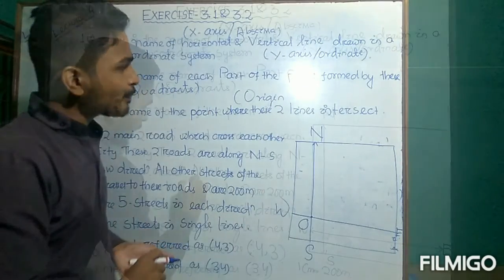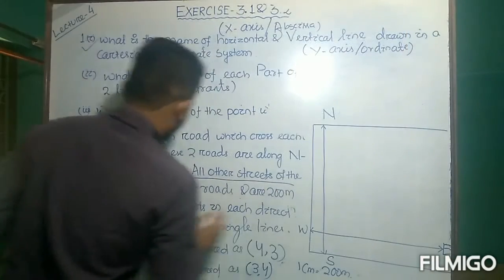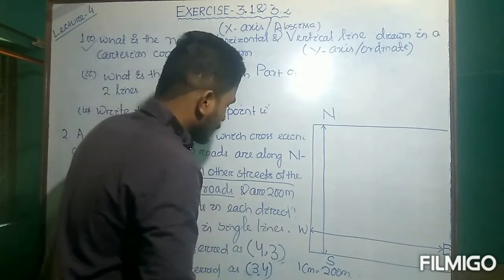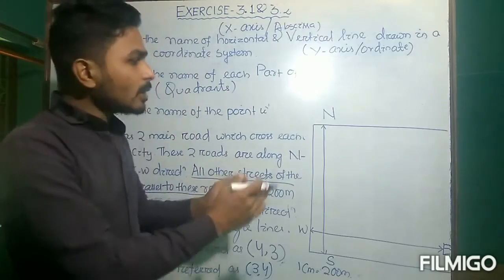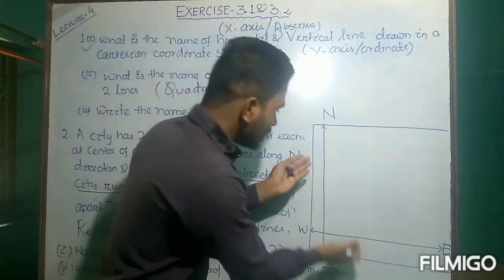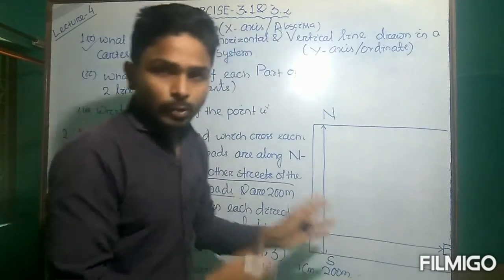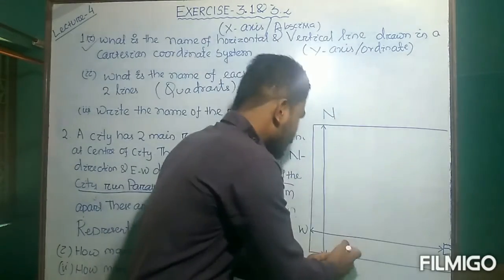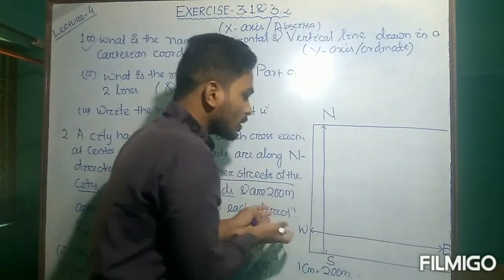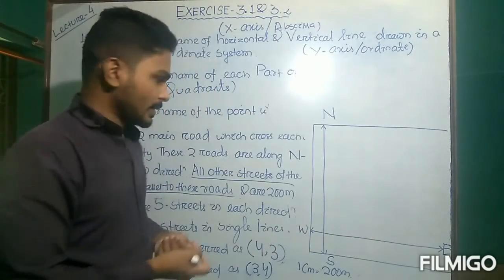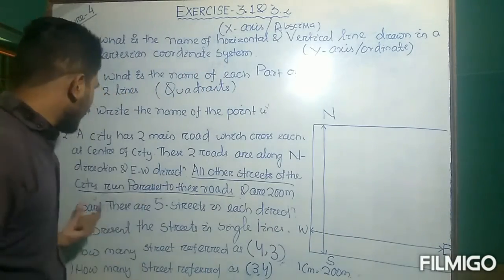And all other streets of the city run parallel to these roads. It means there are also other streets except these two roads which are parallel to these roads. Some streets are parallel to this main road in the north-south direction, and others are parallel to this road in the east-west direction, and are 200 meters apart.